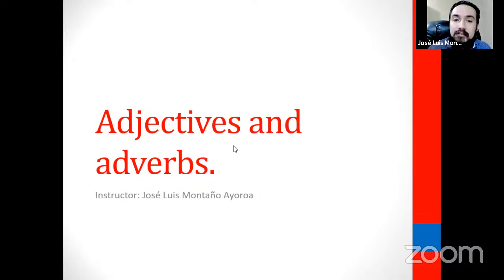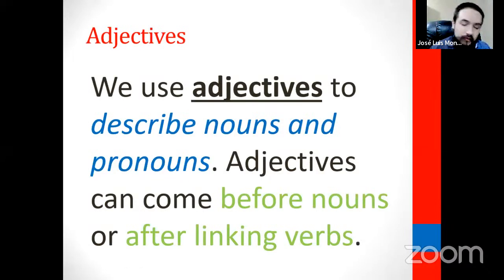So, adjectives now and adverbs. So we know, okay, this is pretty basic, but again, we are ensuring that everything is clear, and we are going to add some extra details that are important and worth knowing to, again, make good usage of these structures, adjectives and adverbs.